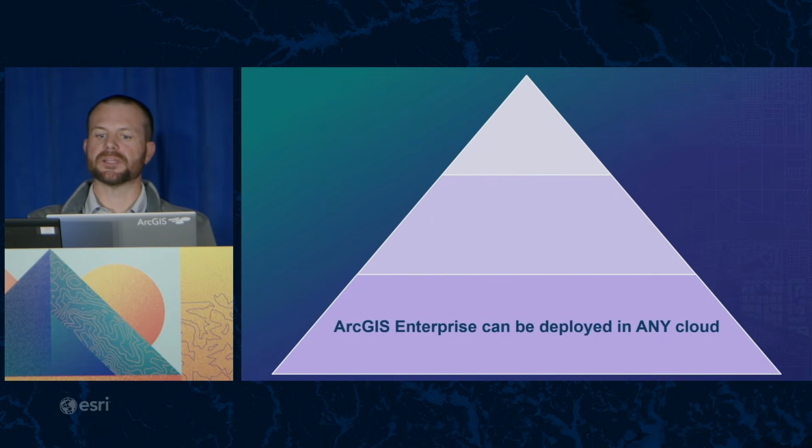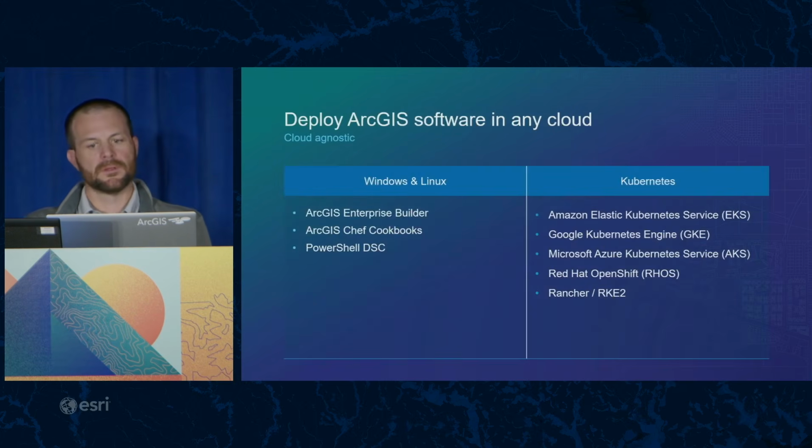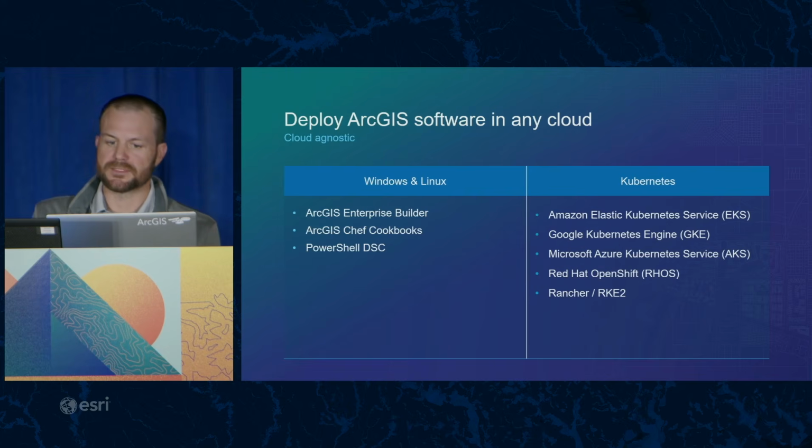For Windows and Linux, ArcGIS Enterprise is cloud agnostic. As long as the system requirements are met, you can deploy on any cloud provider your organization uses. This flexibility allows you to align with internal cloud strategies and standards. Esri does provide tooling for deploying on Windows, Linux, and Kubernetes environments.